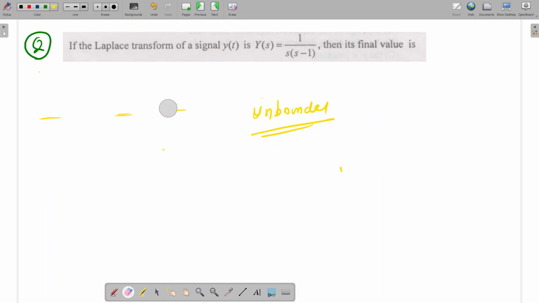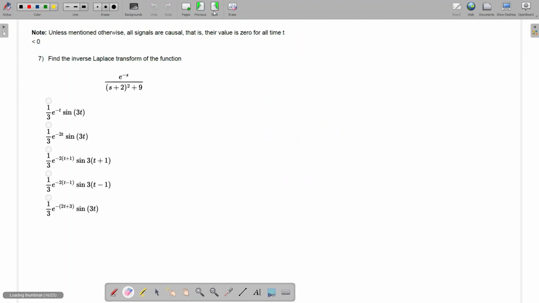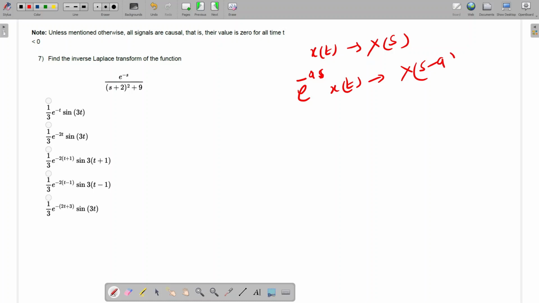Okay. So I'm moving to the next question. This is one basic Laplace transform question. All of you can try with me also. Here some combination of two or three rules are there. If the Laplace transform of x(t) is X(s), then the Laplace transform of e to the power at into x(t) will be X(s minus a).